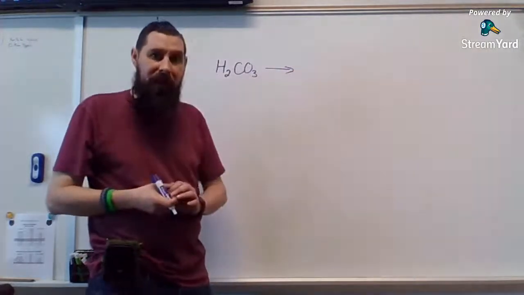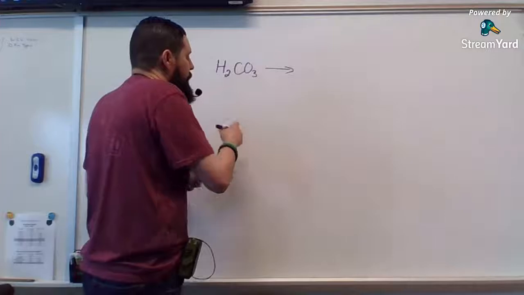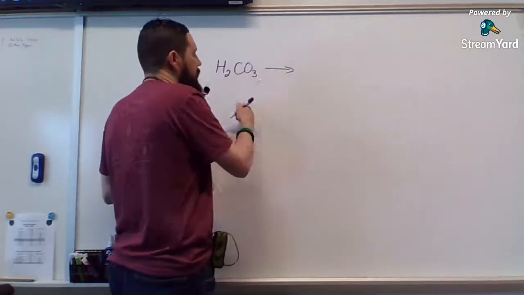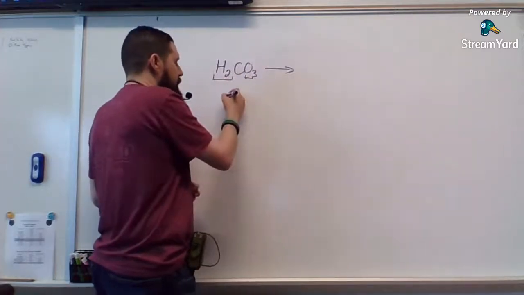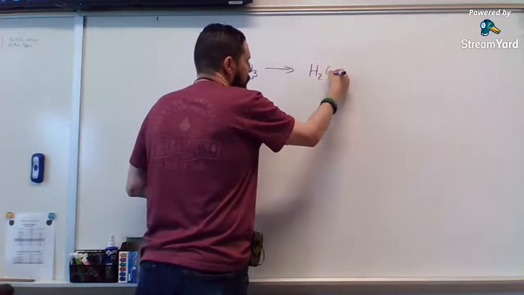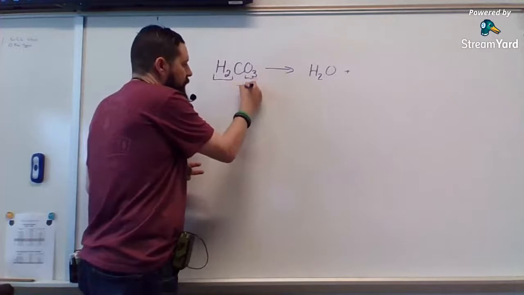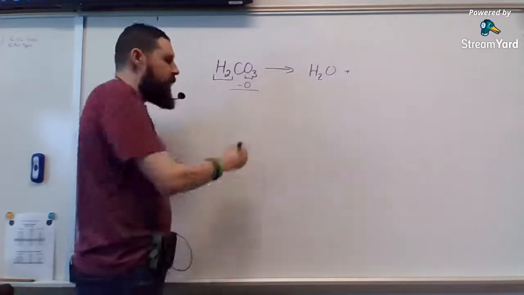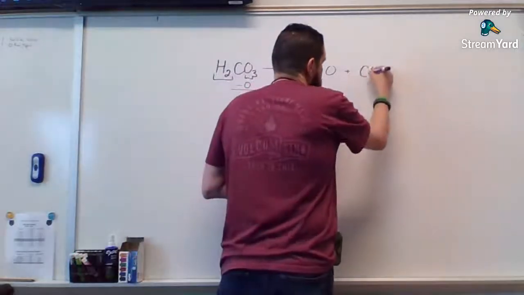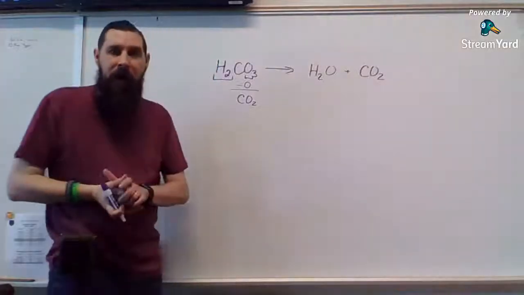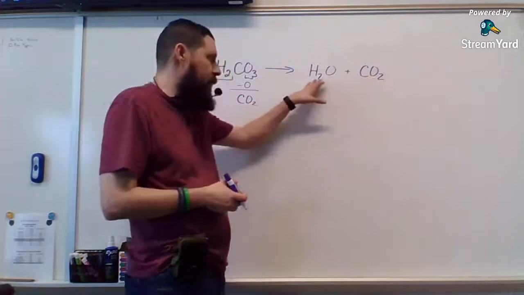So in this, again, I'm going to produce a non-metal oxide and then water. As a result, I'm going to take hydrogen and oxygen. That's going to produce my water. And then because I've, in essence, subtracted an oxygen from the CO3, that leaves me with the CO2. And that is my carbon dioxide, or my non-metal oxide, and then water.